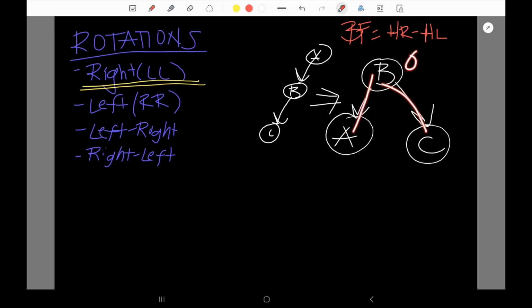So it is a balanced tree. So this is how the right rotation occurs. It rotates to the right, like that. Do you get it, guys?